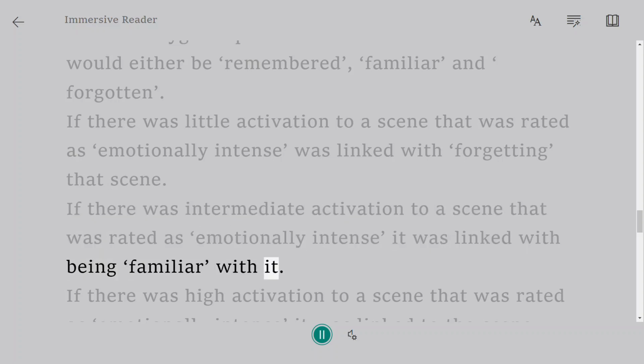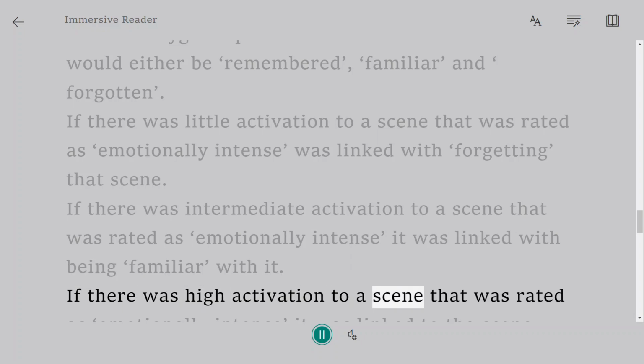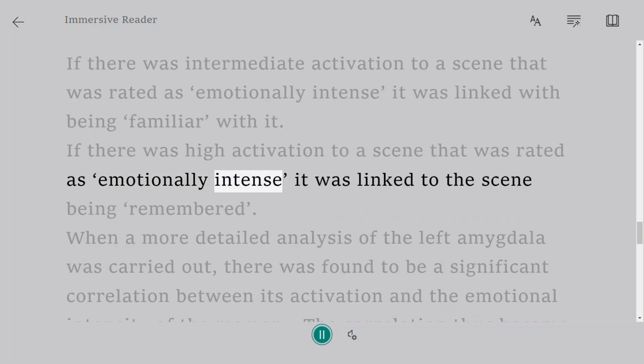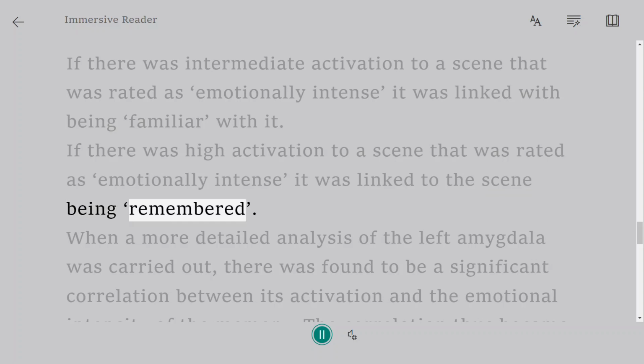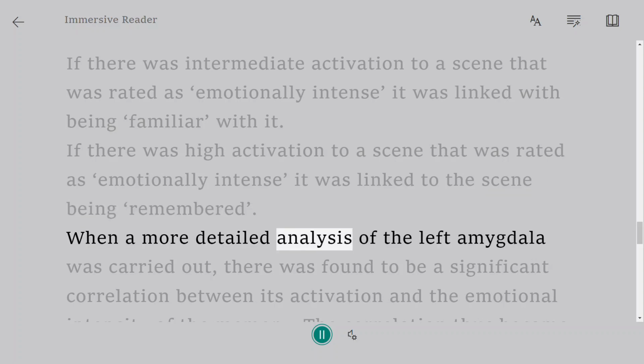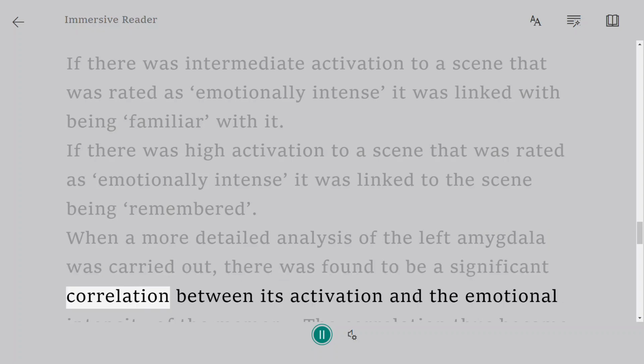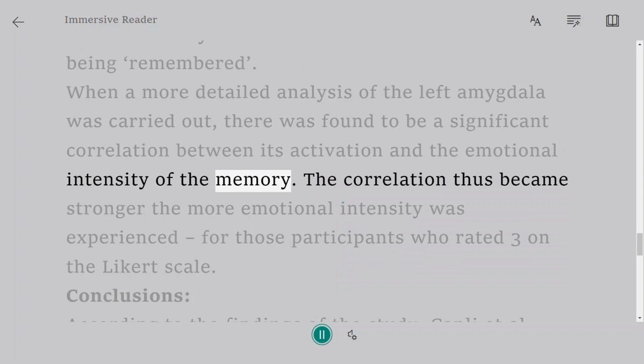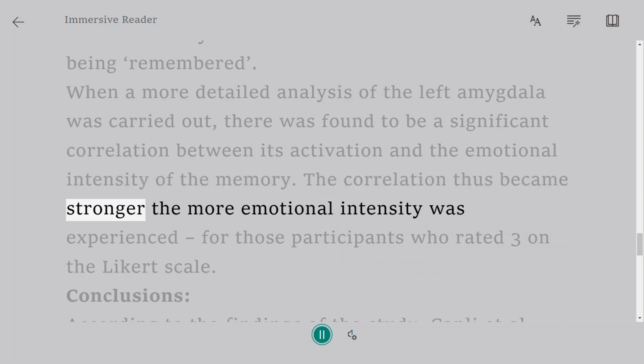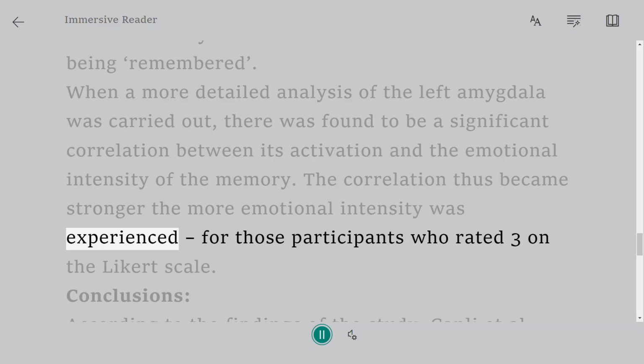High activation was linked to the scene being remembered. When a more detailed analysis of the left amygdala was carried out, there was found to be a significant correlation between its activation and the emotional intensity of the memory. The correlation became stronger the more emotional intensity was experienced, for those participants who rated 3 on the Likert scale.